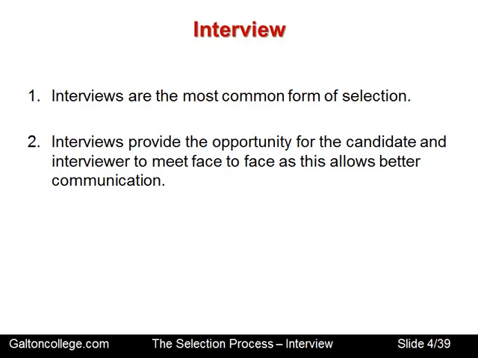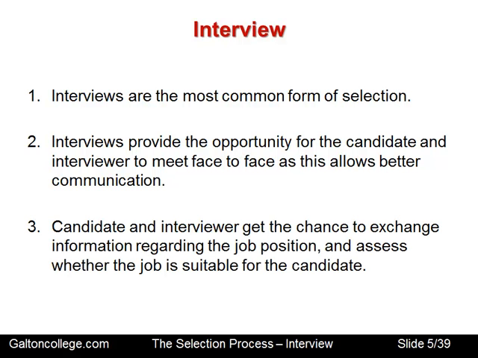But from the employer's point of view, they're also able to meet the candidate and get a feeling for what he or she is like. Candidate and interviewer get the chance to exchange information about the job position and assess whether the job is suitable for the candidate.